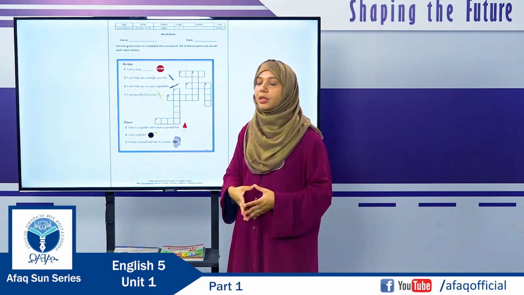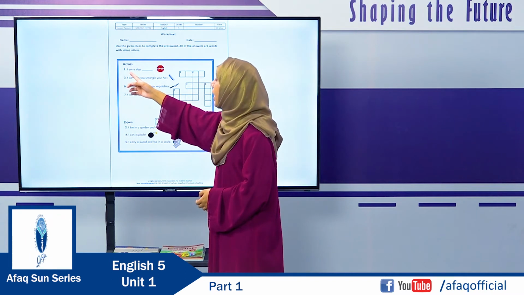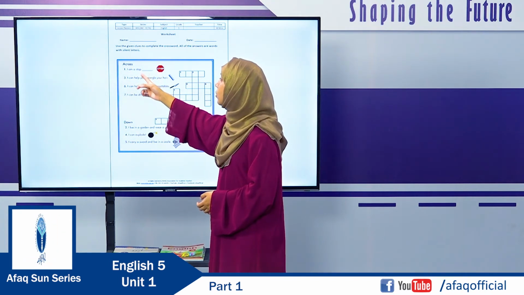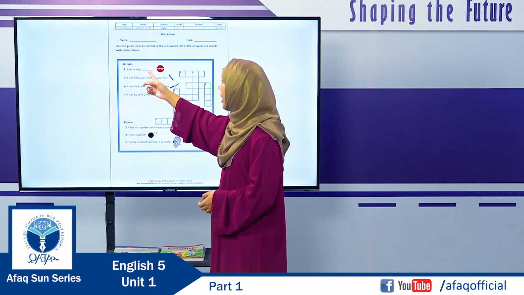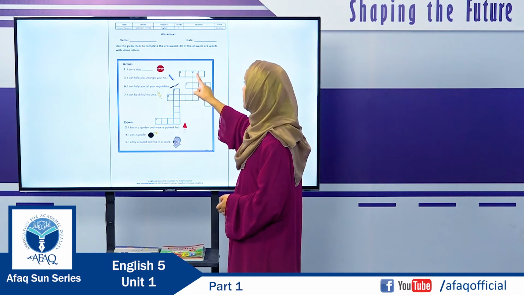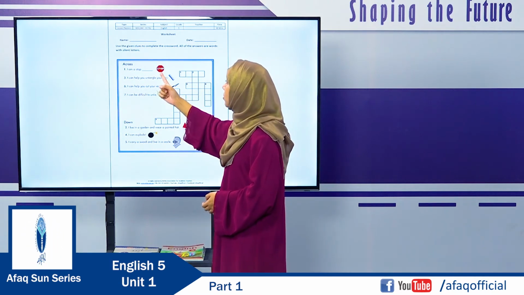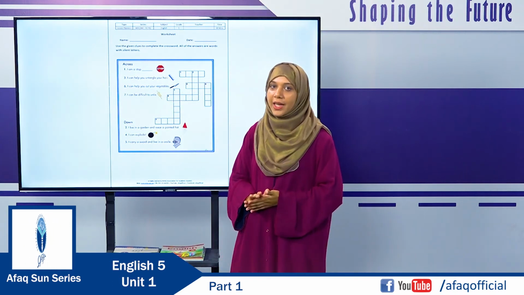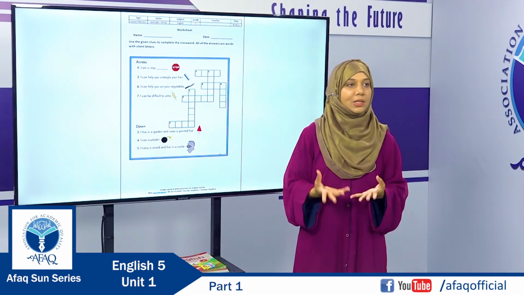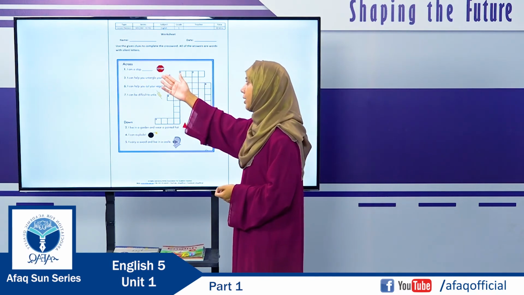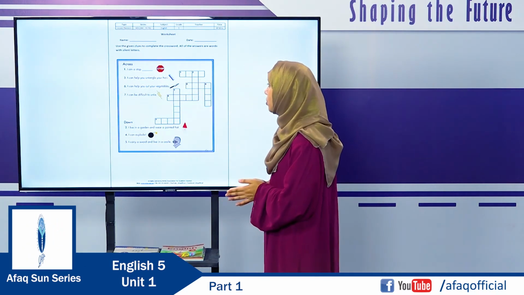Dear students, the first clue is, I am a stop. Alright, so you have to guess the word that will come in this blank and you have to write the word in these squares. Okay, so what is this? It is a stop sign. Yes, this is a sign. We can see these signs on the road. This is a traffic sign actually, which says stop.